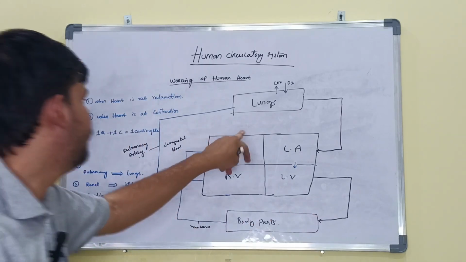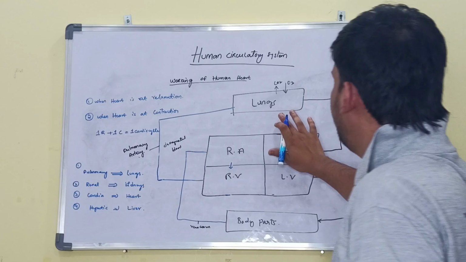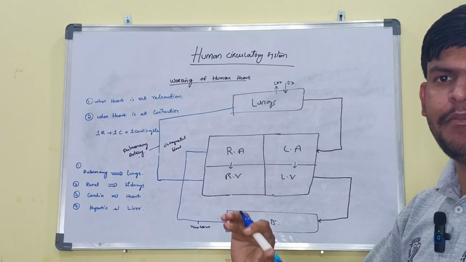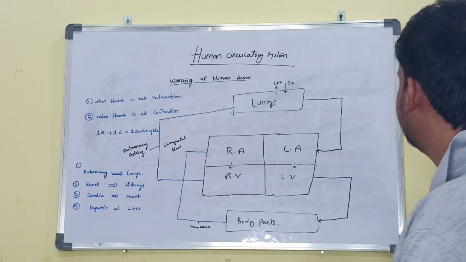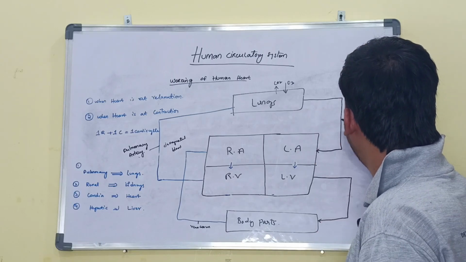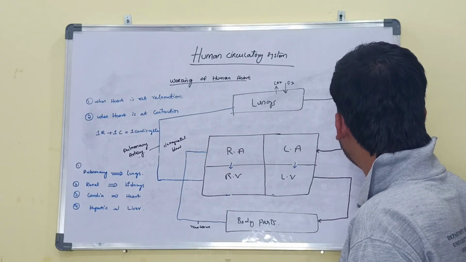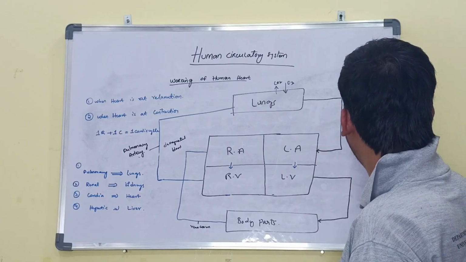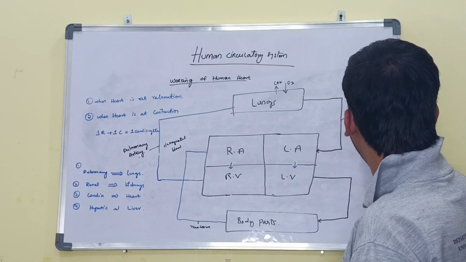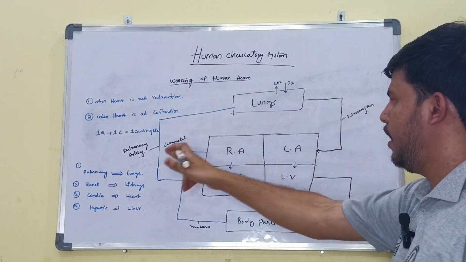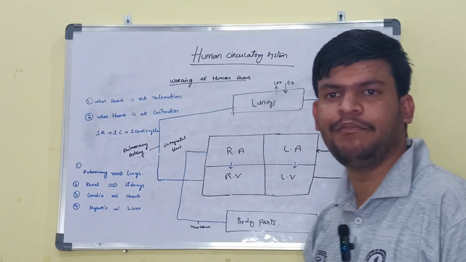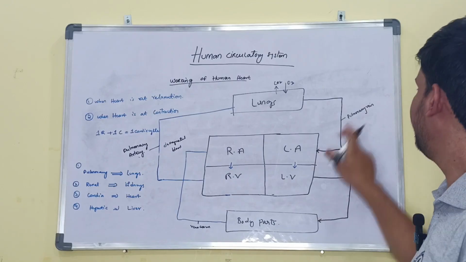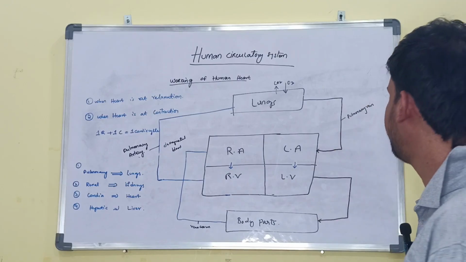Now we are here. Here, lungs converted deoxygenated blood into oxygenated blood. Then this oxygenated blood will be transported to left auricle with the help of pulmonary vein. As we have discussed before, the only vein which carries oxygenated blood is pulmonary vein.